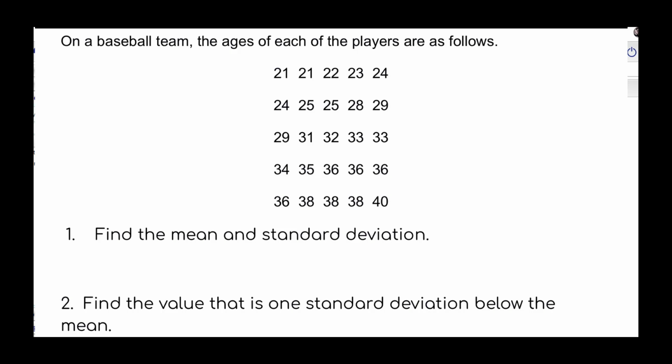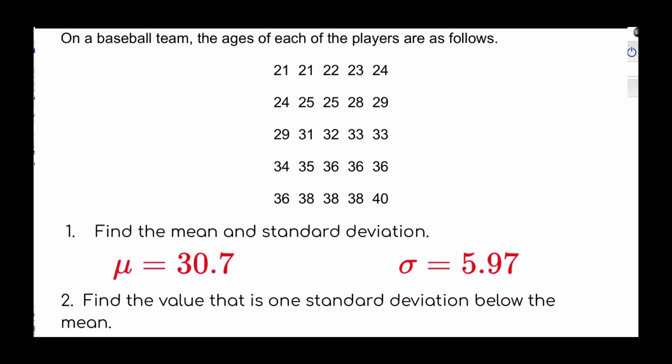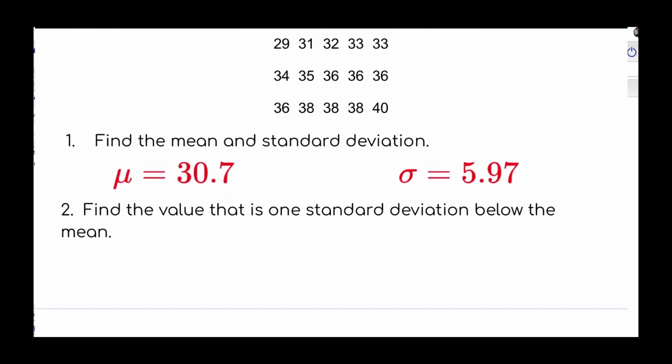Okay, so here we have those numbers. The mean is 30.7, standard deviation is 5.97. So we just need to find the value that is one standard deviation below the mean. That would be a z-score of -1. Really all we need to do is subtract one standard deviation from the mean.